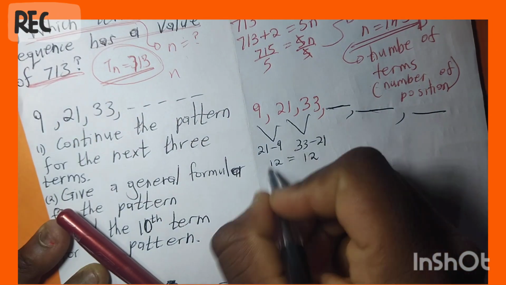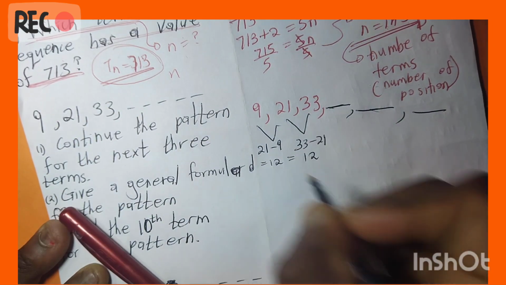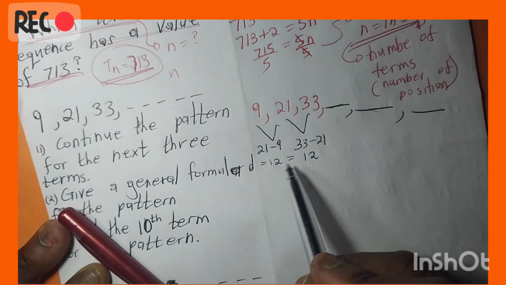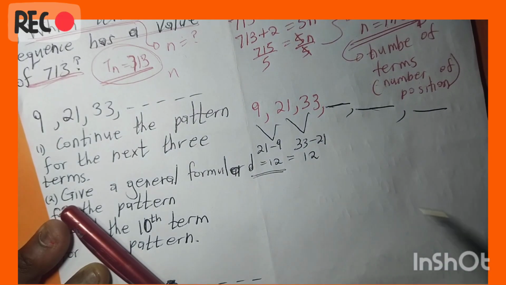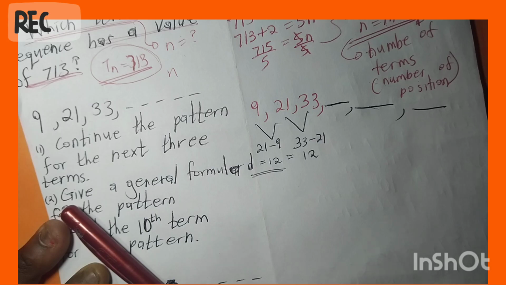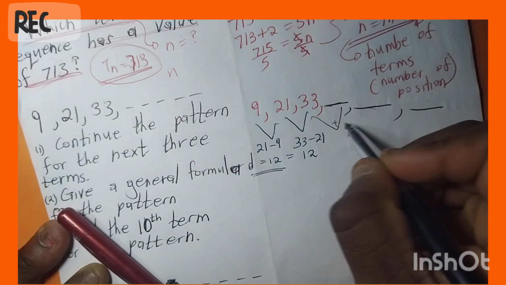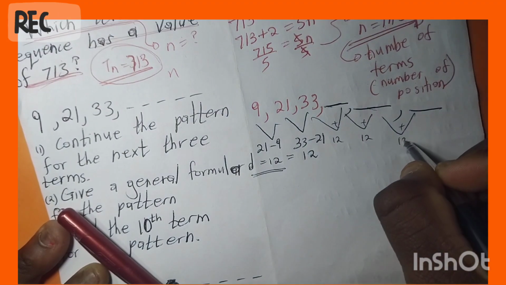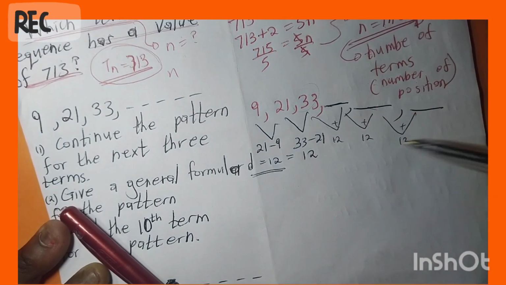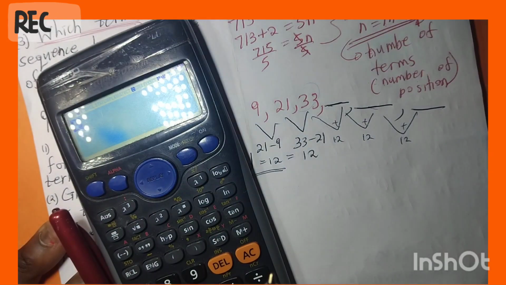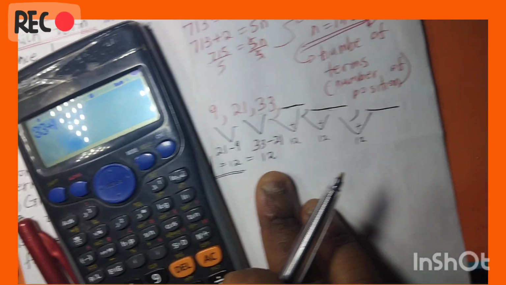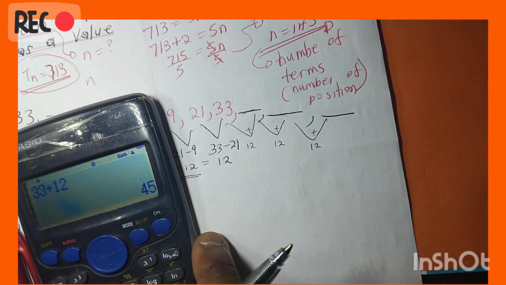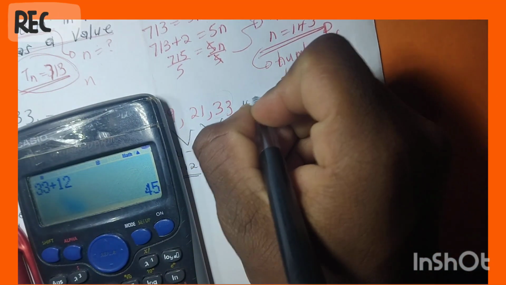So this is our difference, and the difference, guys, will all the time be equal. As you can see, it's 12. So you will take that difference and add it, add it, add it. Here it's 33 plus 12, which is 45.